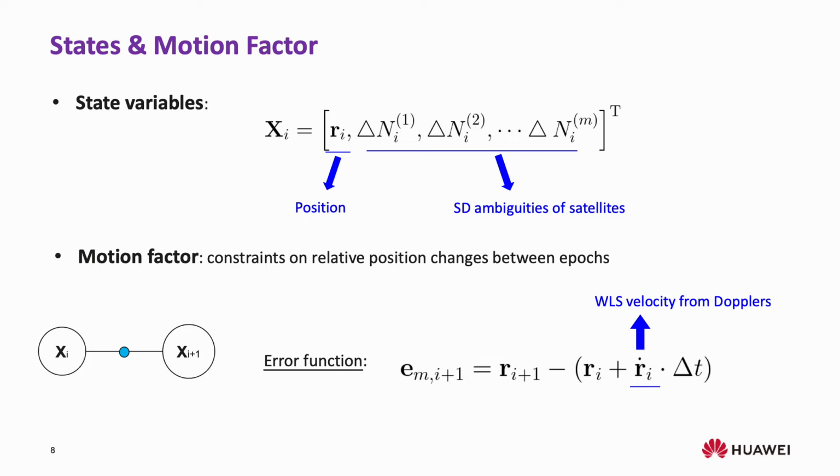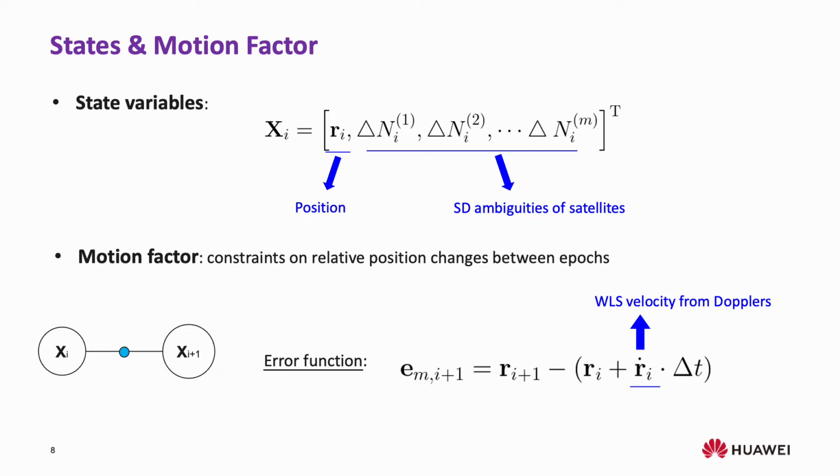And the single difference ambiguity estimation is more convenient to deal with the handover of the reference satellite than the double difference one. So that's why the single difference ambiguity of each received satellite is used in state estimation.